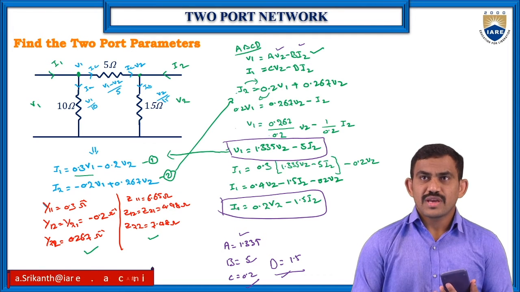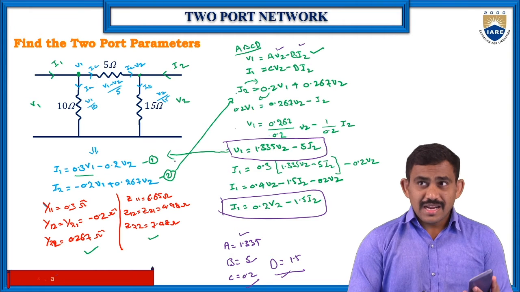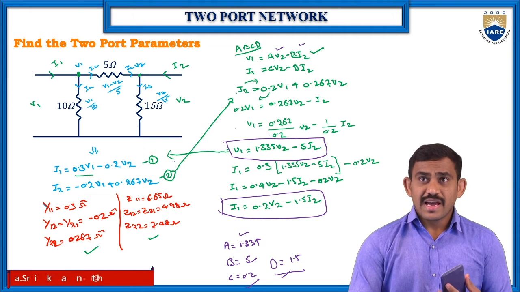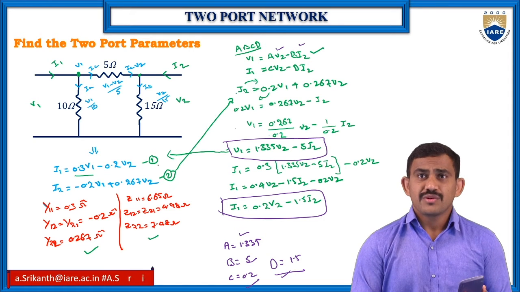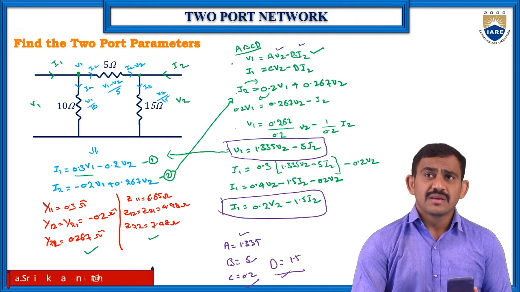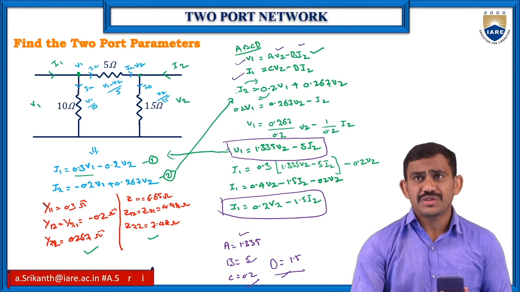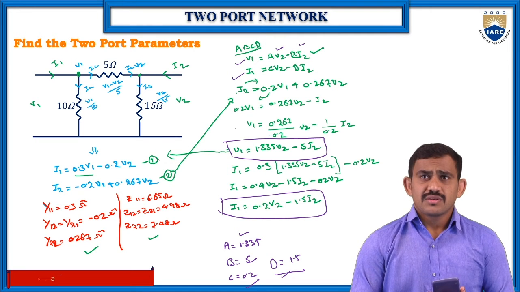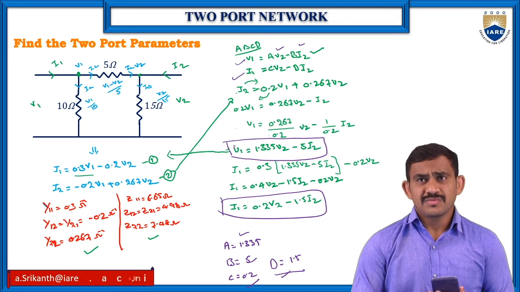Okay. So when we have two equations using nodal analysis, from that nodal analysis we have I1, I2 in form of V1, V2. If you compare these two equations with your ABCD parameters, we have V1 and I1 in form of V2 and I2. So consider equation number 2 and convert it into V1 form.